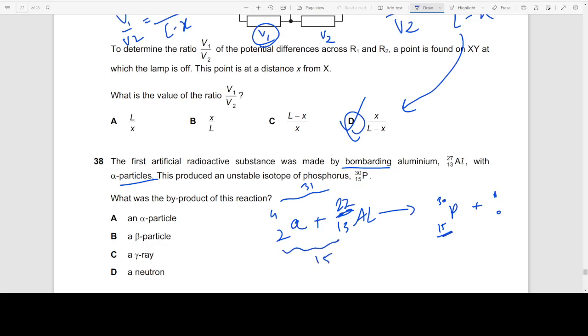Which particle do you think has mass number 1 and proton number 0? Alpha particle has 4/2, so definitely not. Beta particle has negative charge, but over here there is no charge, so no. Gamma particle is something like this, so not a gamma particle. Only a neutron has mass 1 and no charge, 1/0 n. Alright, so this is going to be a neutron.